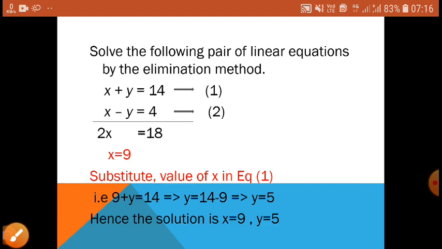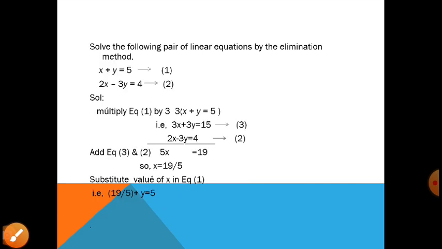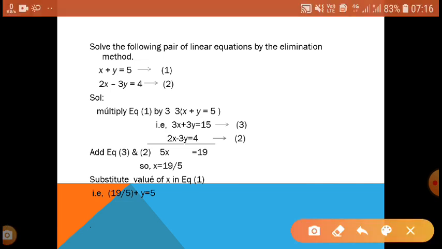Let us have one more sum. Solve the pair of linear equations by the elimination method. The equations are as follows: x plus y equal to 5, 2x minus 3y equal to 4. Now here if you observe, in the first equation the coefficient of x is 1, and in the second equation the coefficient of x is 2.